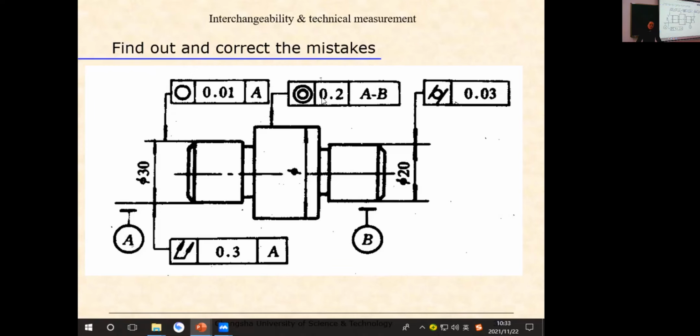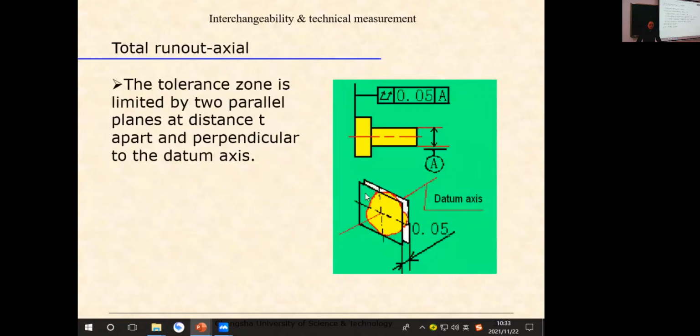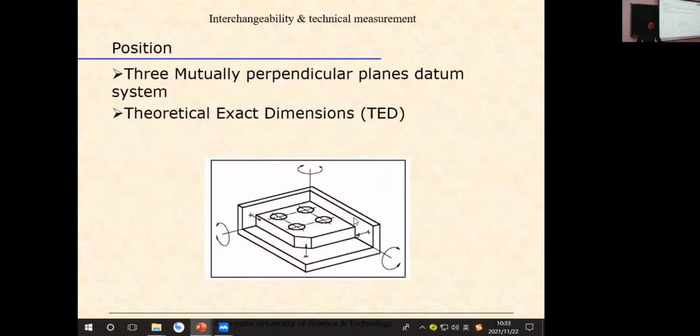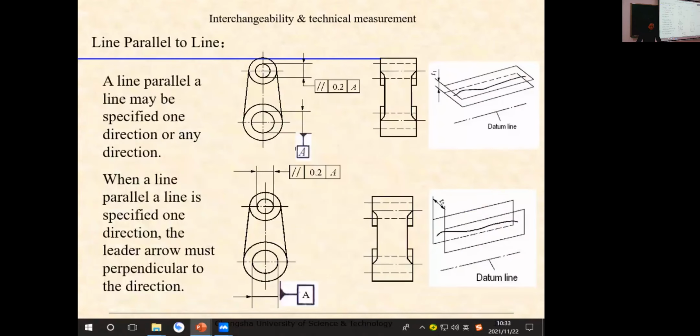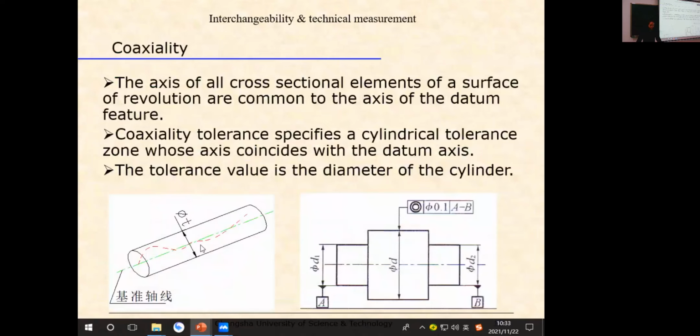Yes, it needs to add the phi because this is the axis. The axis is a space axis. For the axis we use a cylindrical zone. So this axis has a coaxiality to this axis, so need to add a phi. Like this one, coaxiality. Here, right? Coaxiality, this one.